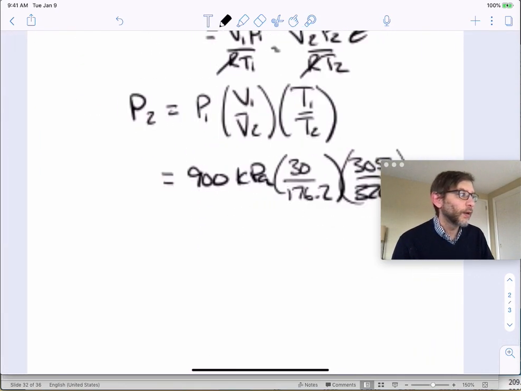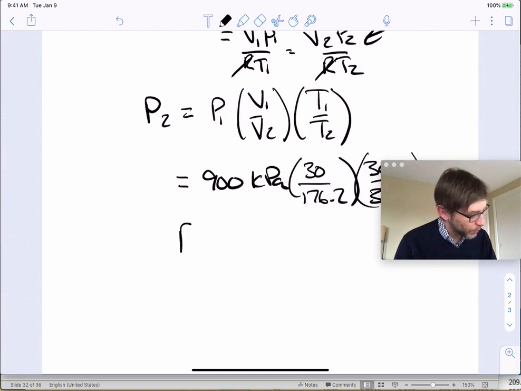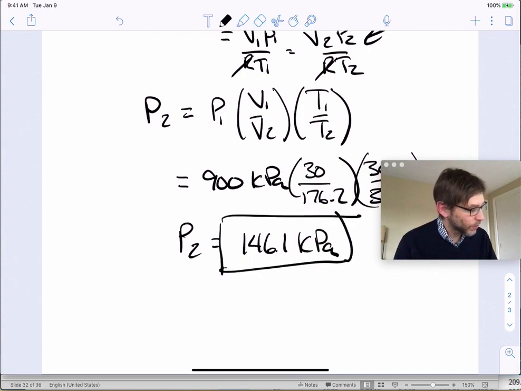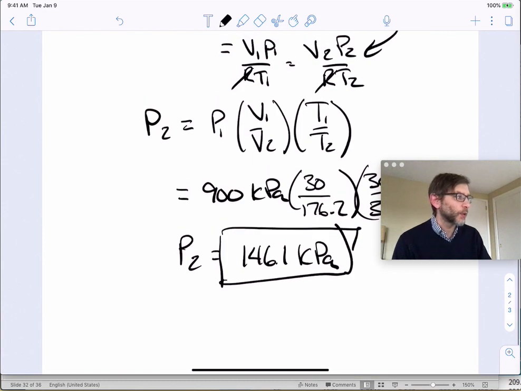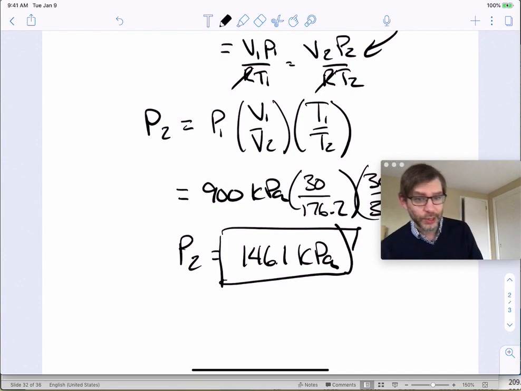Now we solve this thing. We get P2 is equal to 146.1 kPa. And that's the answer. So the pressure has dropped, right? 900 kPa to 146. That's a serious pressure drop in an air pipe. That's a big restriction, essentially.